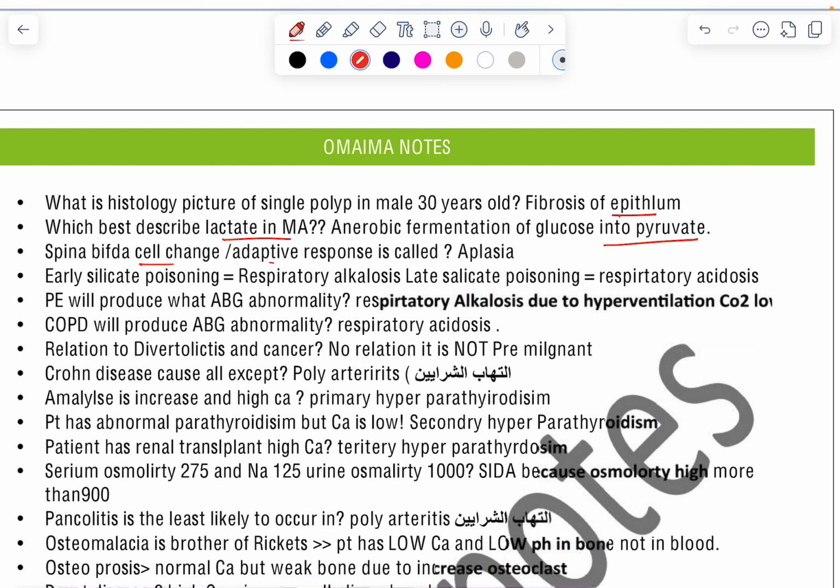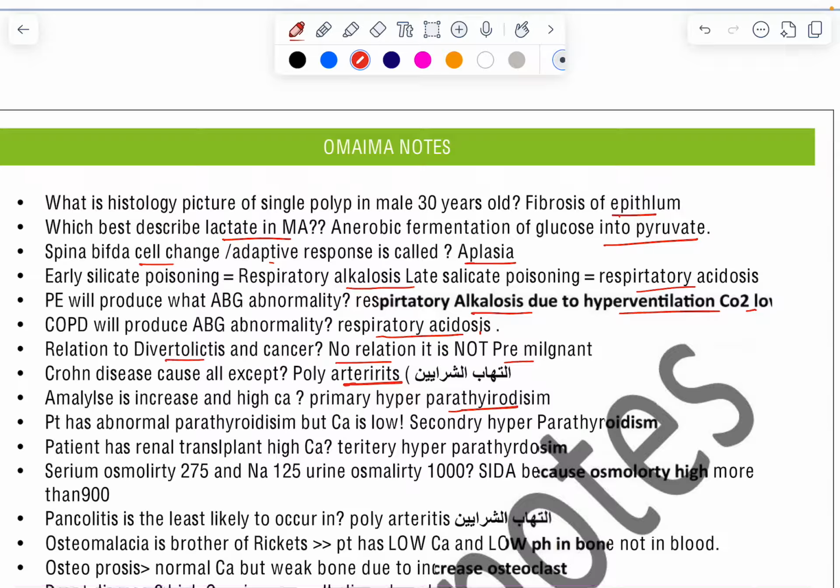Spina bifida, adaptive response, aplasia, salicylate poisoning: respiratory alkalosis, respiratory acidosis. Pulmonary embolism produces ABG abnormality: respiratory alkalosis due to hyperventilation. COPD with ABG: respiratory acidosis. Diverticulitis and cancer, no relation. Crohn's disease causes polyarthritis, amyloidosis. Increase in high calcium: primary hyperparathyroidism.